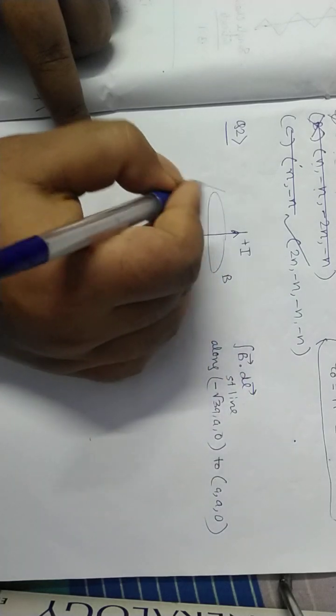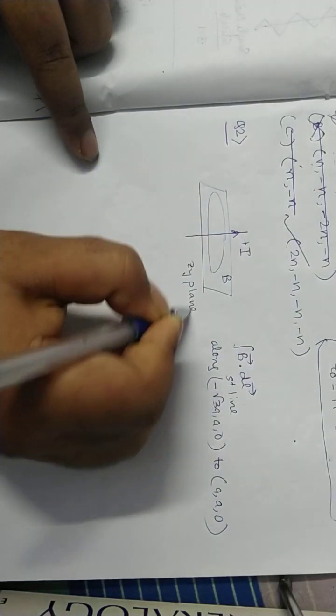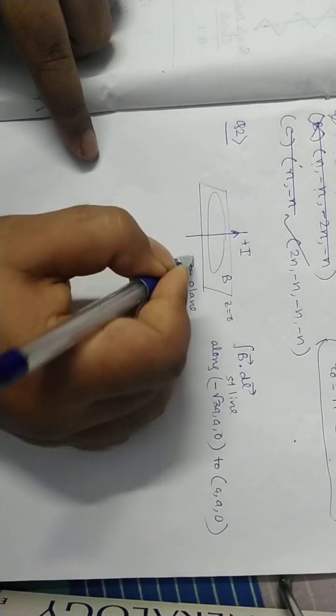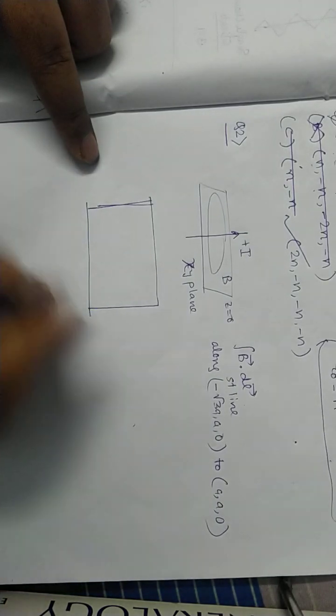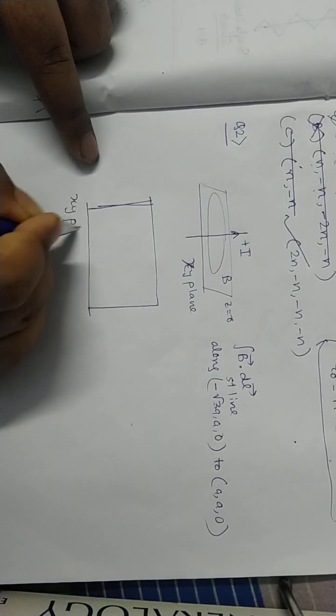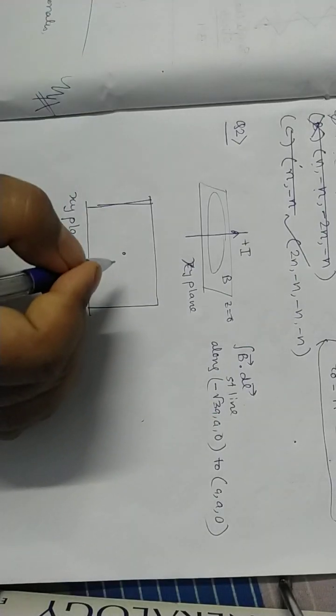Now we see this is the xy plane where z equal to 0. Let us remove our view to the xy plane. This is the xy plane. Now this is the origin.